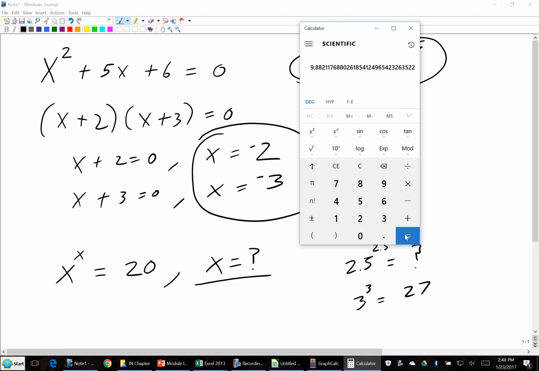So that's not it. 9.88. So how about maybe 2.7 raised to the 2.7 power? No, maybe 2.8 raised to the 2.8 power. Getting close.